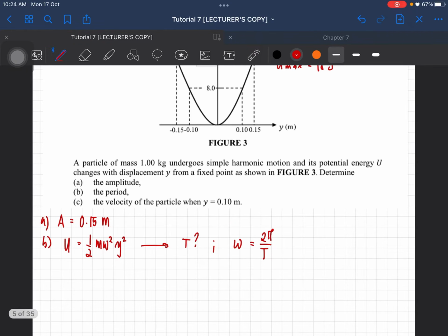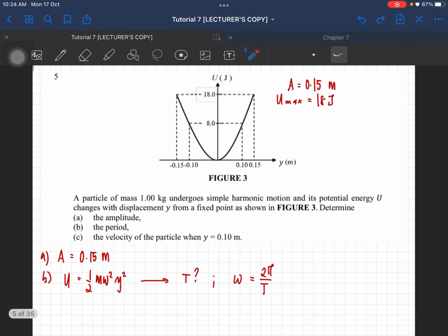So now what we need to do is find omega using this equation. So U is equal to 18 joule when y is equal to 0.15. Sorry, why would it be 0.18? It's 18. M is 1.